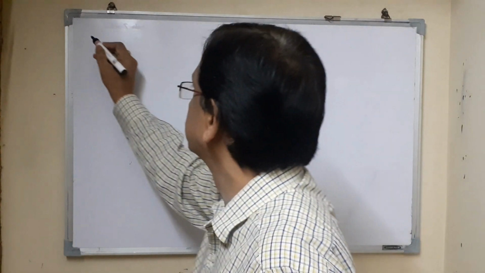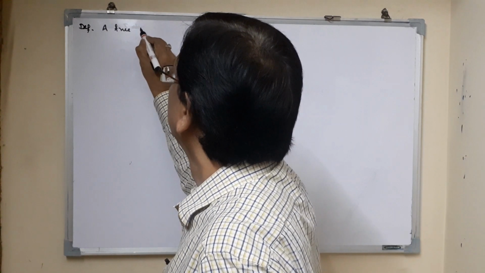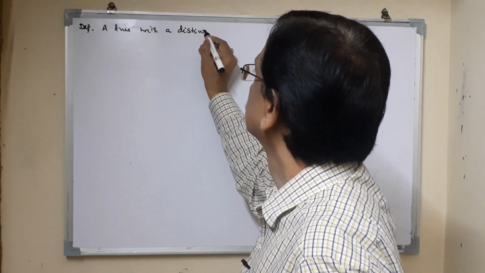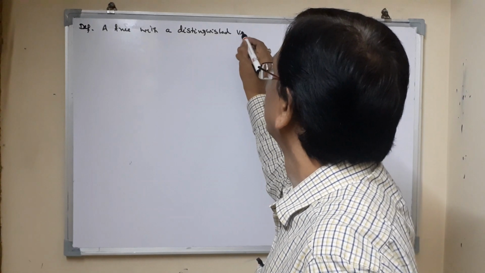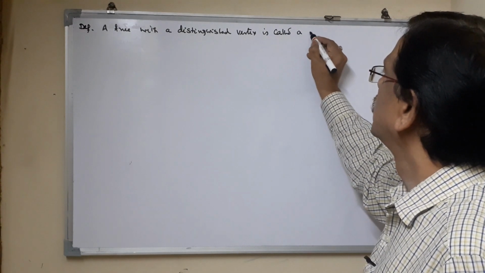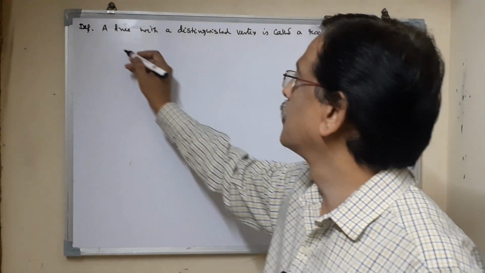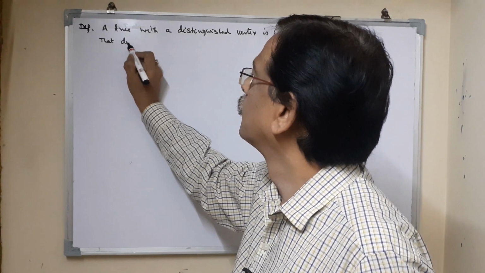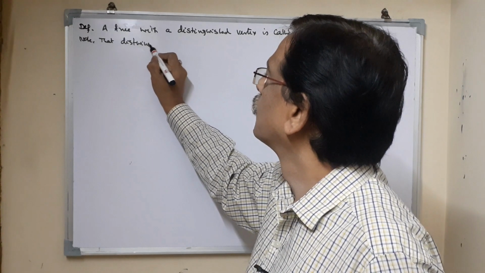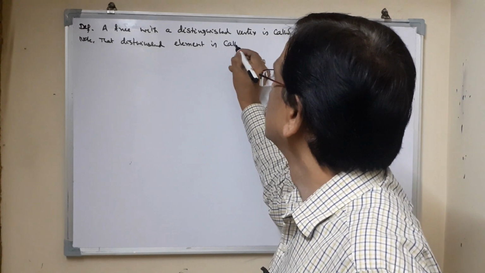Now we have the following definition. A tree with a distinguished vertex is called a rooted tree, and the distinguished element is called a root.